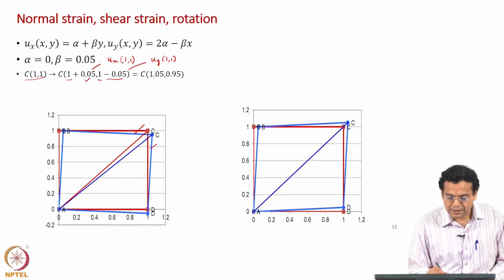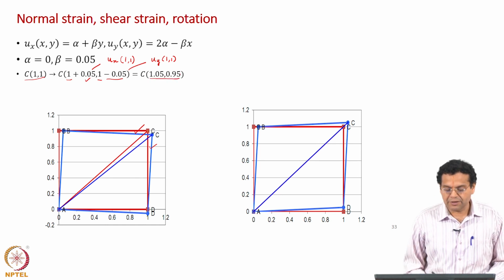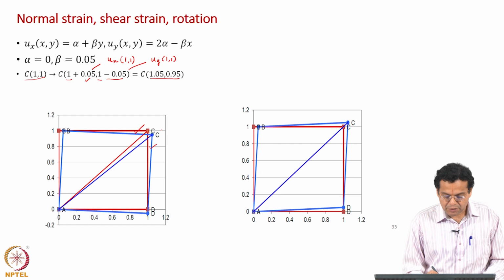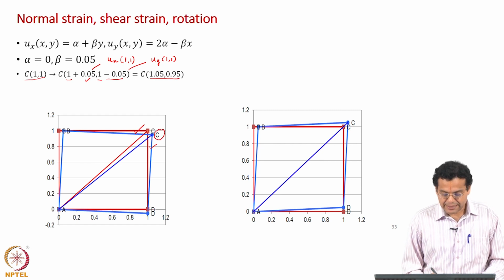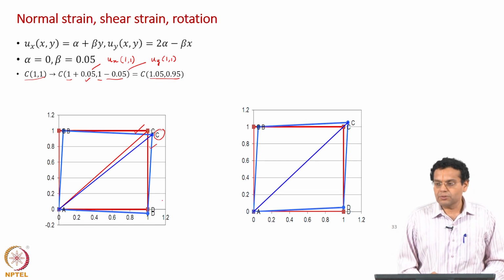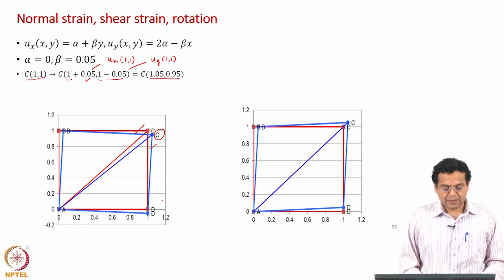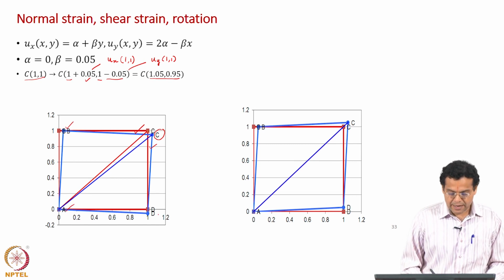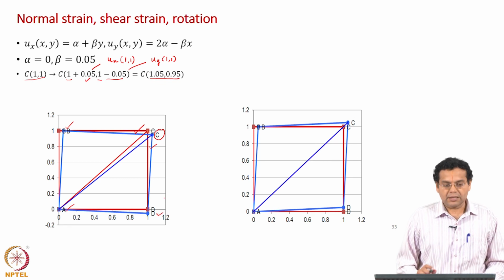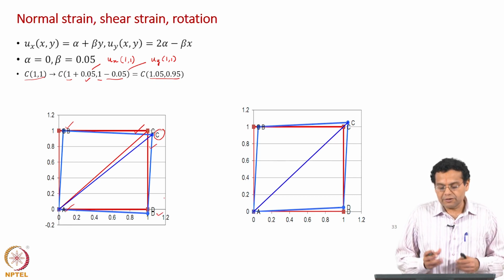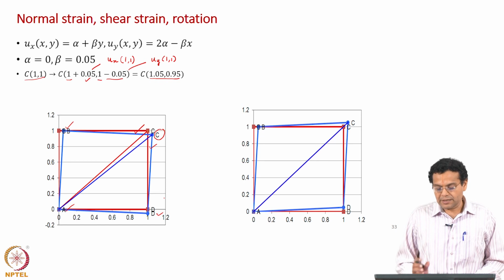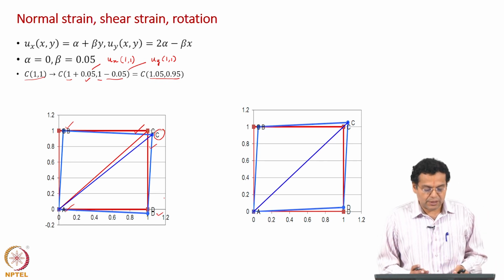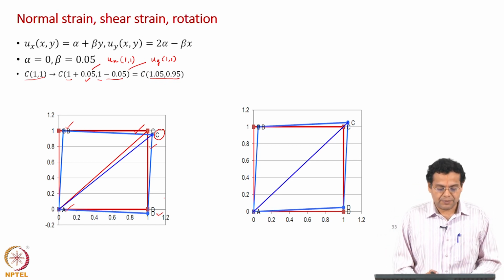So, if you evaluate, the new coordinates are 1.05, 0.95, and that is what is shown here. Look at this, slightly outside of 1, which is 1.05, slightly below 1, 0.95, that is how you find the coordinates of C. Similarly, find the coordinates of B, A and D, you can draw the figure in blue, which is the final state. So, red represents the initial configuration, blue represents the final configuration.